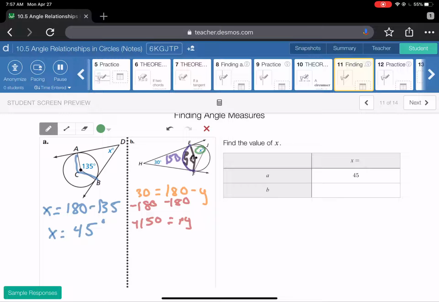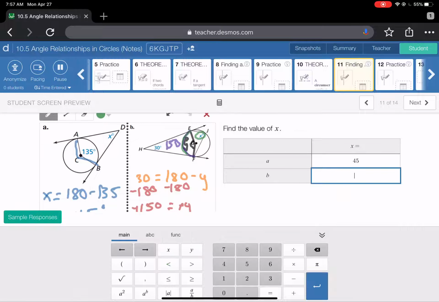Because x is an angle that is not at the center. So this is an inscribed angle. If we remember, an inscribed angle is equal to half the measure of the arc that it contains, so half of 150. So x is going to be equal to half of 150, which is 75.